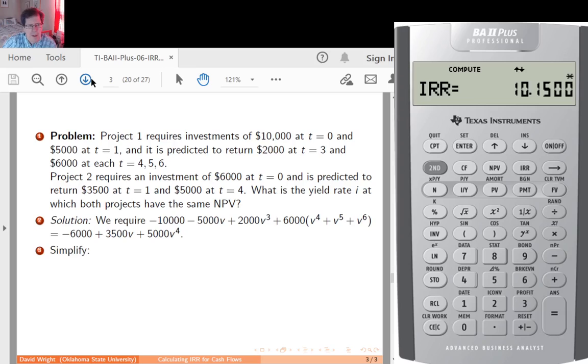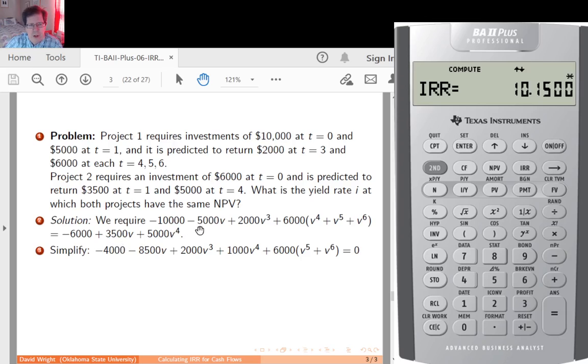Okay, so we're going to simplify that expression, move everything to one side, and make it look like a present value equal to 0 calculation. So we're going to add 6,000, and then you get negative 10,000 plus 6,000, negative 4,000.